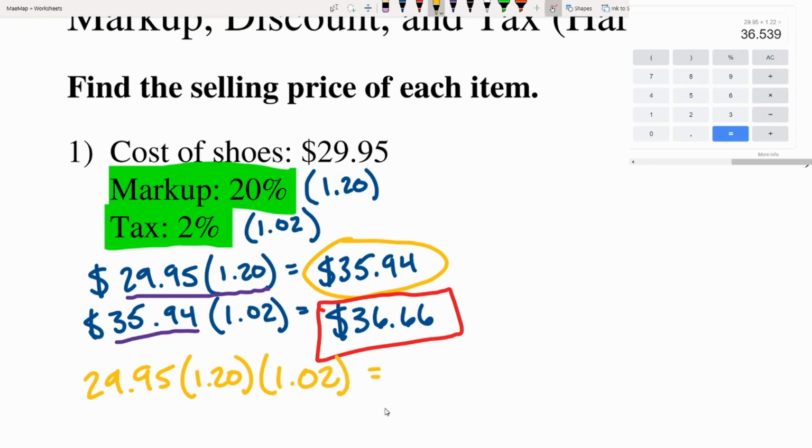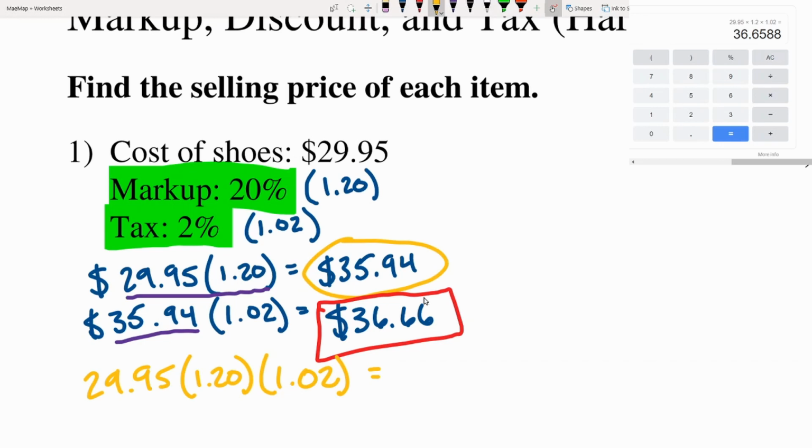So if I do out all that multiplication, look on our calculator, we're going to get that same result. $29.95 times 1.2 times 1.02, that's going to give us $36.66. So the same answer. So as opposed to adding that markup with the tax, we just multiply those values together.